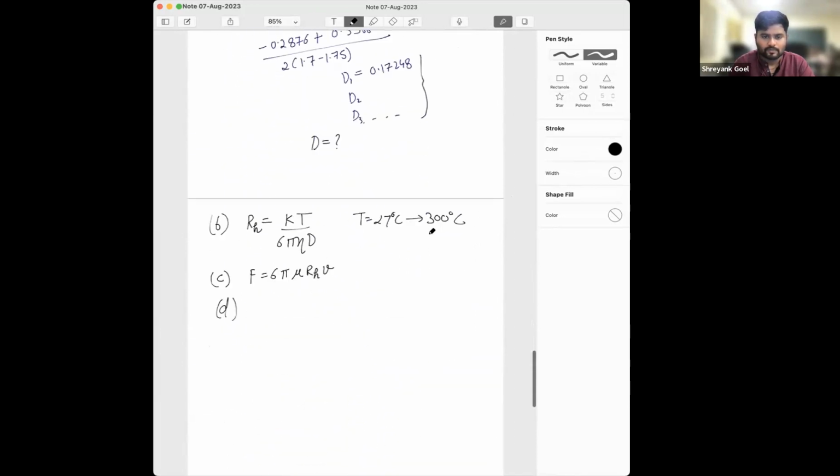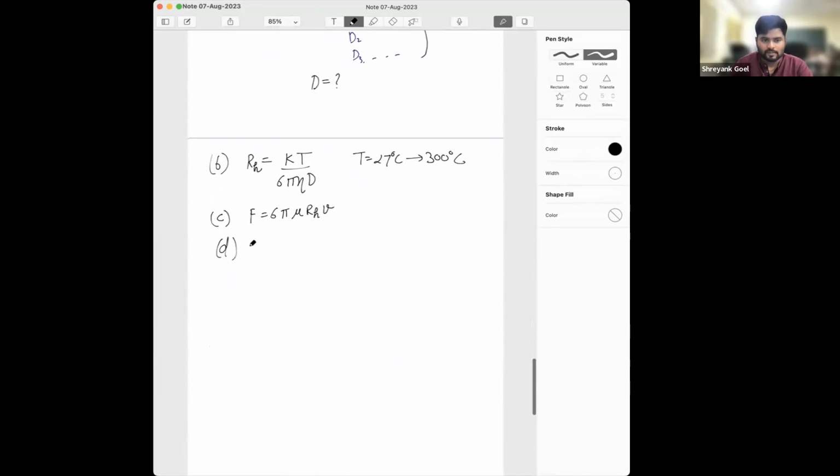Find the gravity force. So gravity force we have already discussed. That is delta rho V g, that is rho of particle minus rho of suspending medium, which is given, into 4 by 3 pi, radius cubed, which you can calculate from here, into g. Okay, so everything is around this.